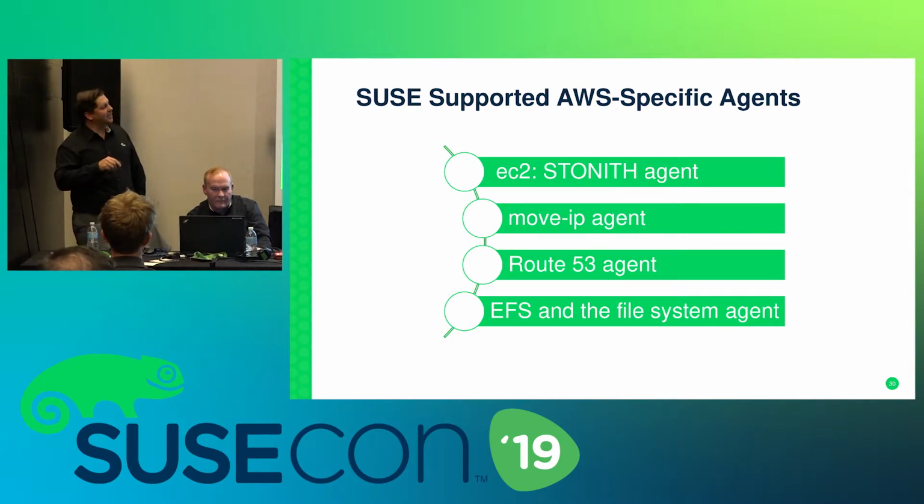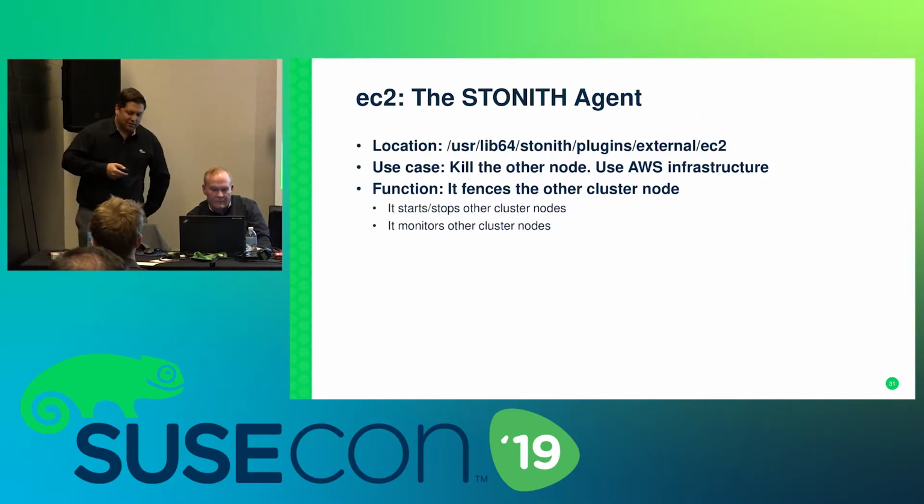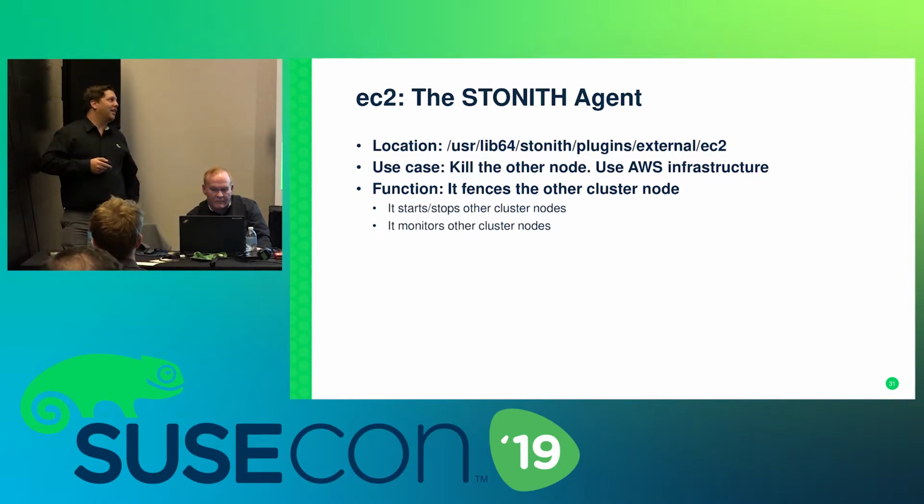For our specific case, like I said, we'll focus on what each agent is, as well as some recommendations and some known problems that by us listing them here, you may avoid when you're trying to do this yourself. So I already touched on this a little bit. The EC2 Stonith agent basically fences nodes that are not behaving accordingly or as expected.